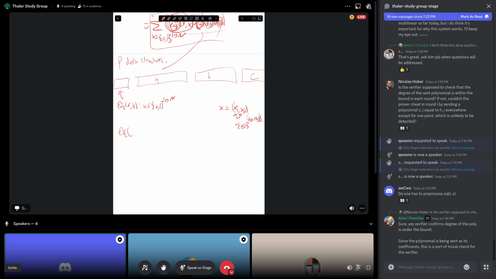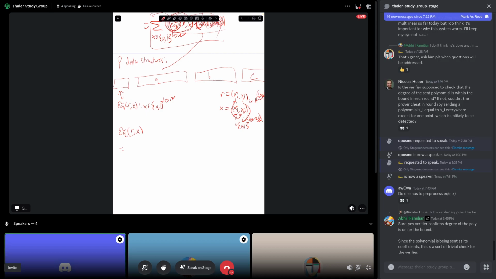And then I can write EQ twiddle of (r, x) by splitting r in half as well, r1 comma r2. So R1 and R2 are also in the field to the log n over 2.